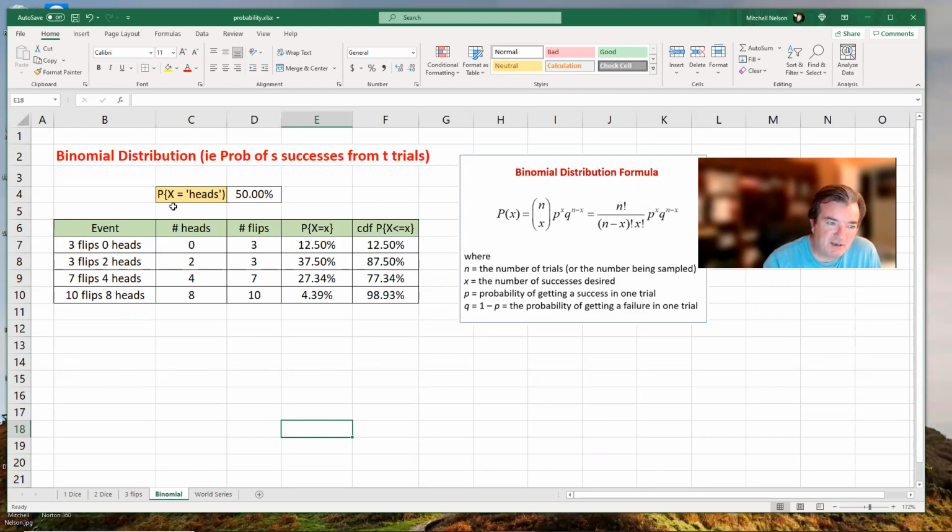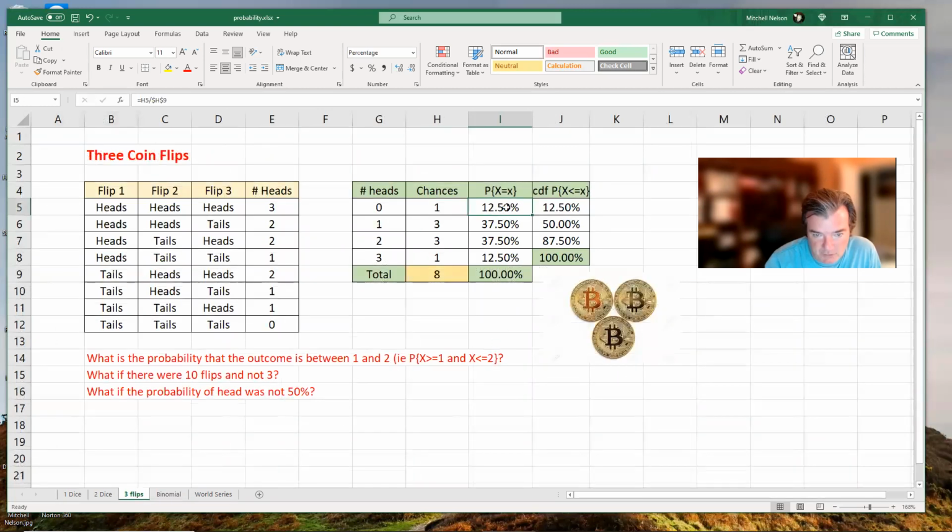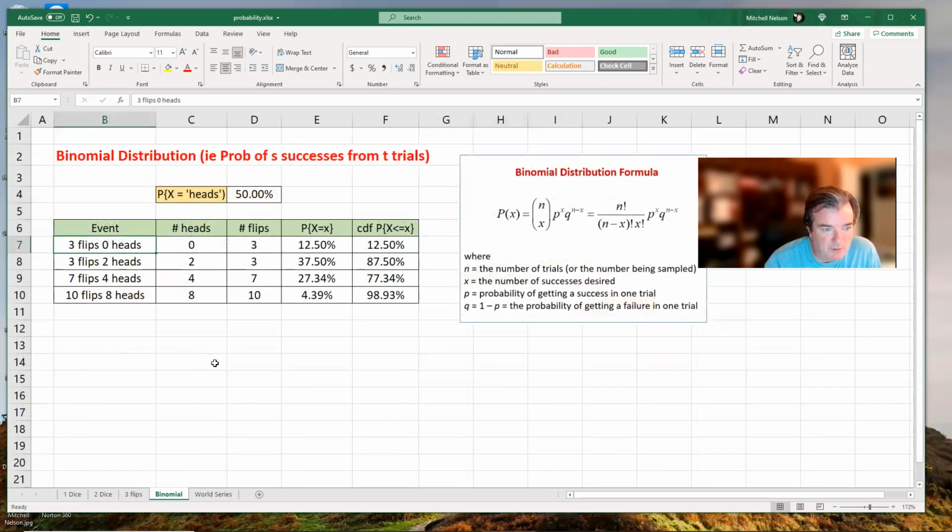Okay. So suppose, for example, the probability of getting a head is 50%. What is the probability that if you flip the coin 3 times, you would get 0 heads? Well, we know the answer to this because we did it. It should be 12.5. So we go to the binomial distribution, and we have 0 heads out of 3 flips.